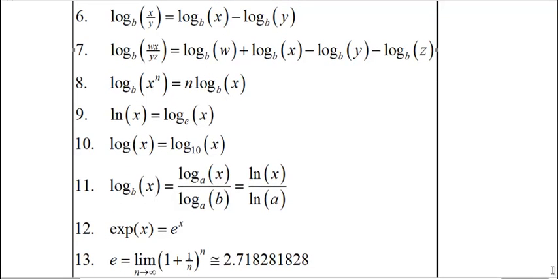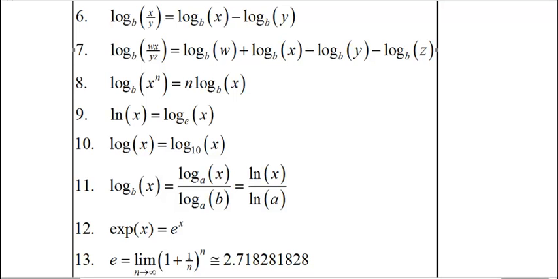Log base b of x can be written as log base a of x over log base a of b, so you can switch from base b to any other base. In particular, the base we want to switch to is our standard base of e. So log base b of x is ln of x over ln of a. Notice the typo.